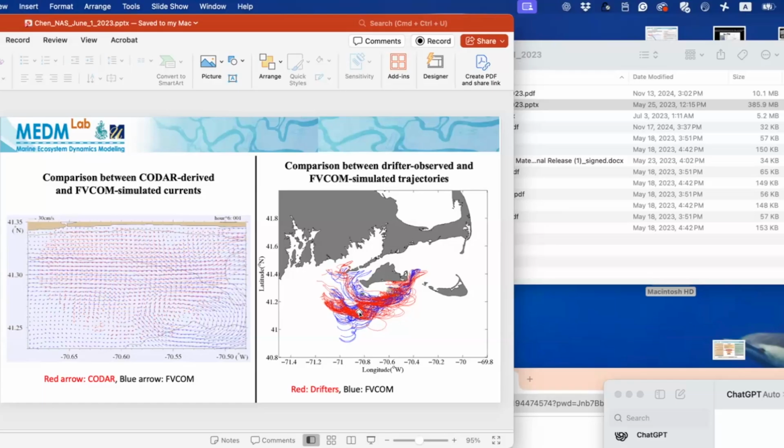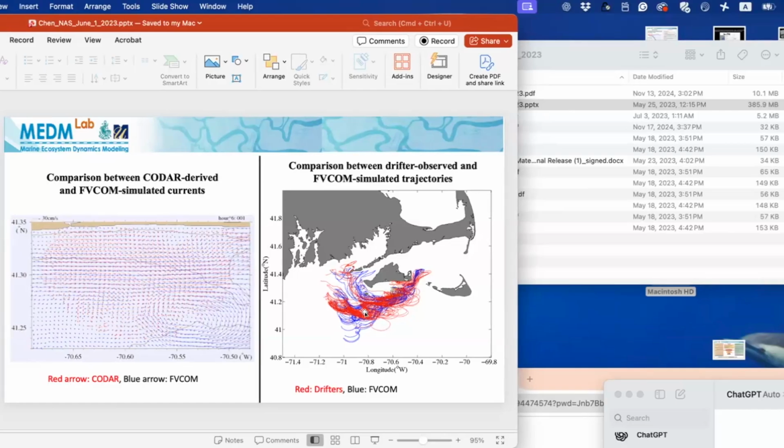That raises a question: your model's horizontal diffusion coefficient is a little bit too big, and you make the currents diffuse too much. Red is the true drifter and blue is the model.